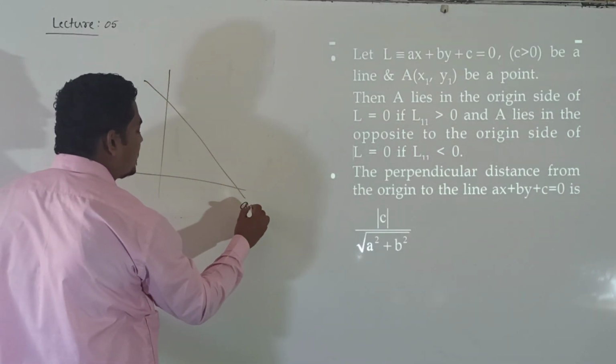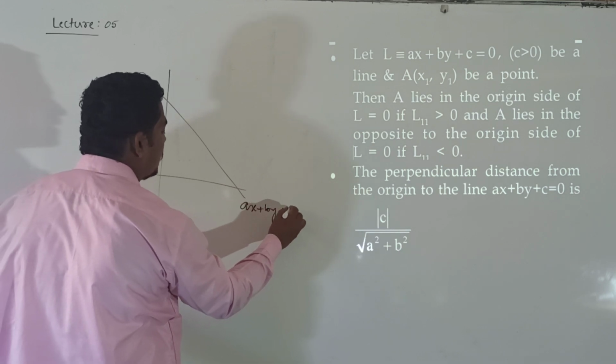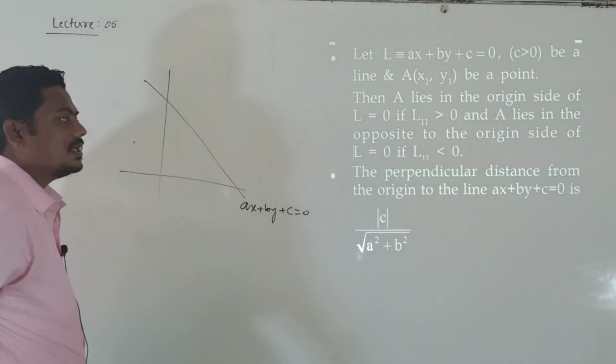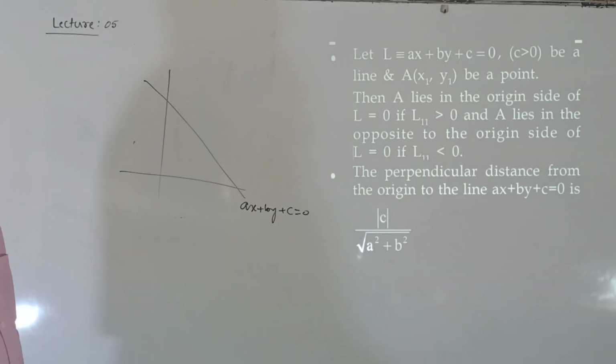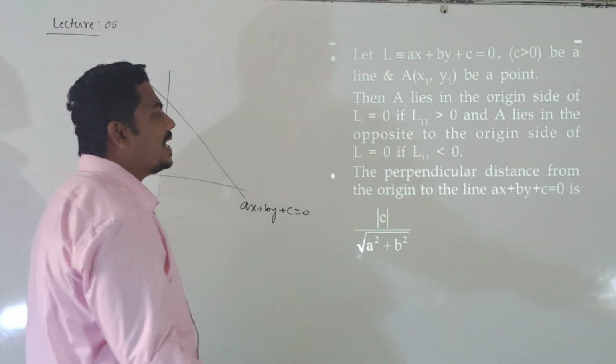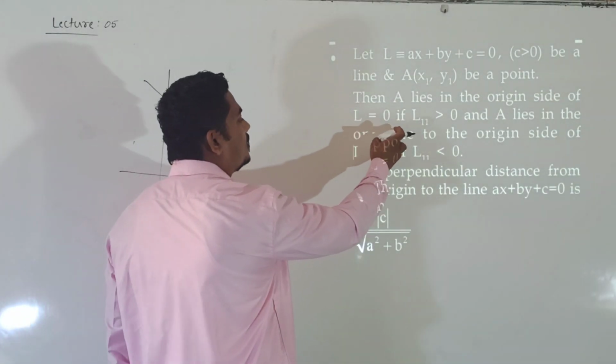Suppose this is the line ax plus by plus c, and they have given one point A. Whether L11 is positive or negative, L equal to 0.